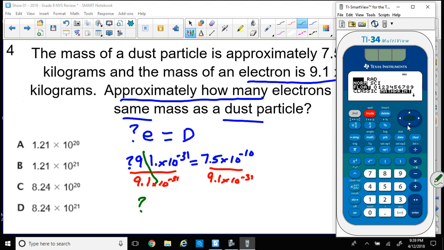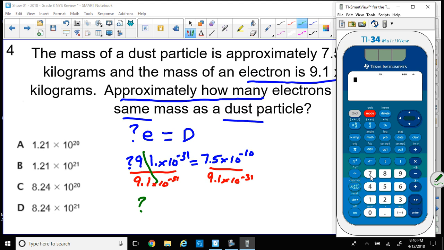So if you go in there, go down to the second one where it says norm, move it over to sci, and press enter. You notice scientific notation has been highlighted, and then you'll even see on your screen a little sci notation, which means now your calculator's in scientific notation mode.